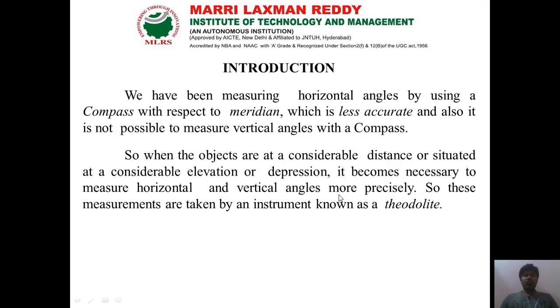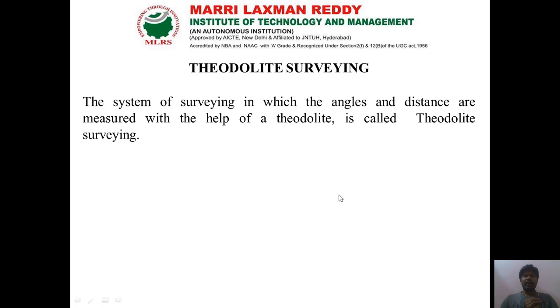Next, what is theodolite surveying? The system of surveying in which the angles and the distances are measured with the help of an instrument called theodolite is known as theodolite surveying.